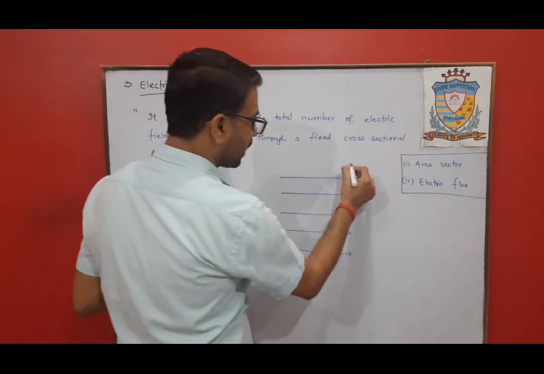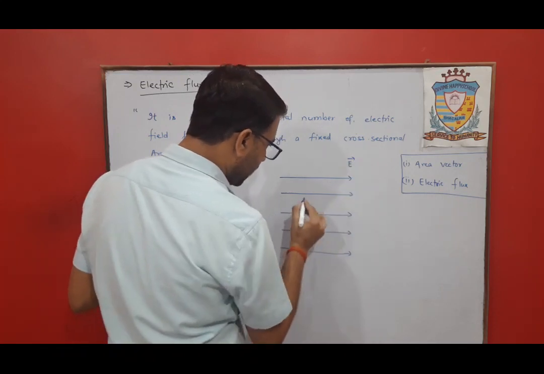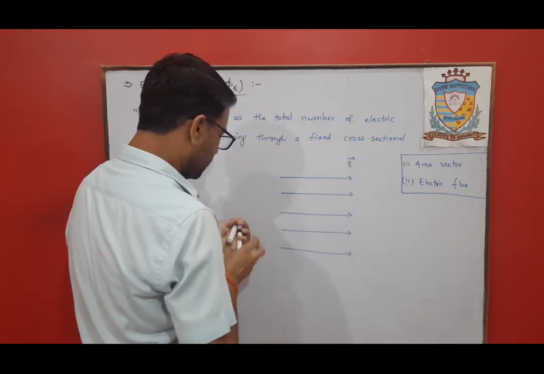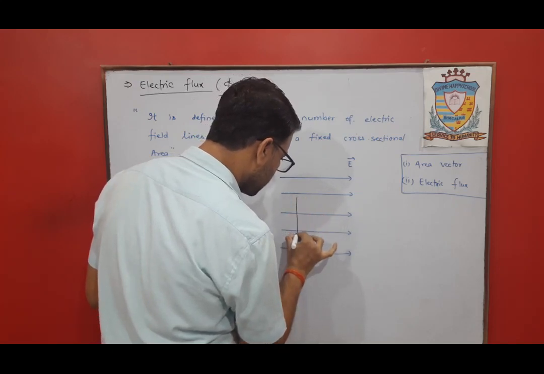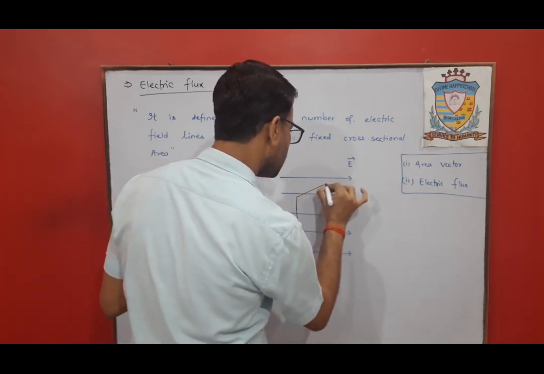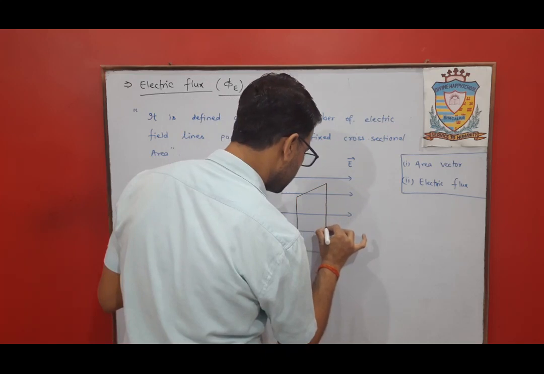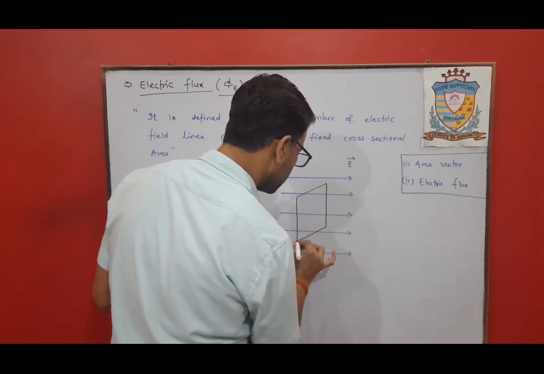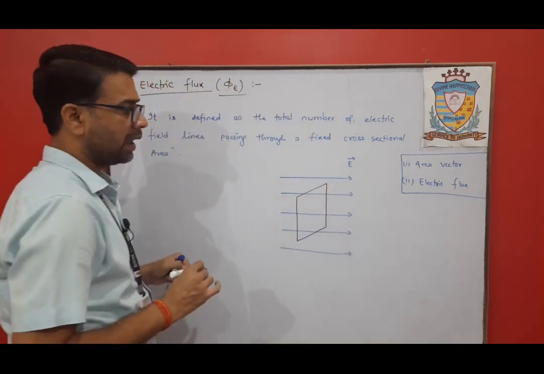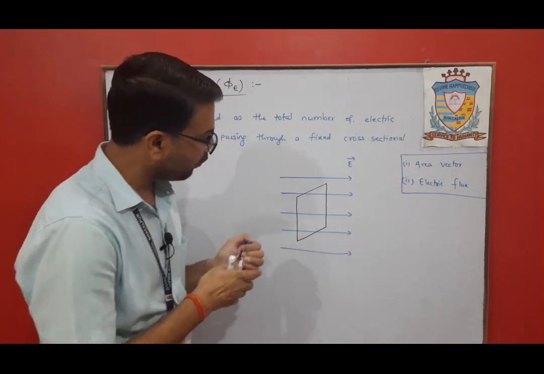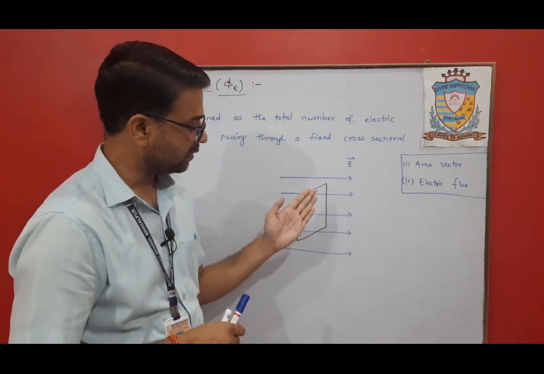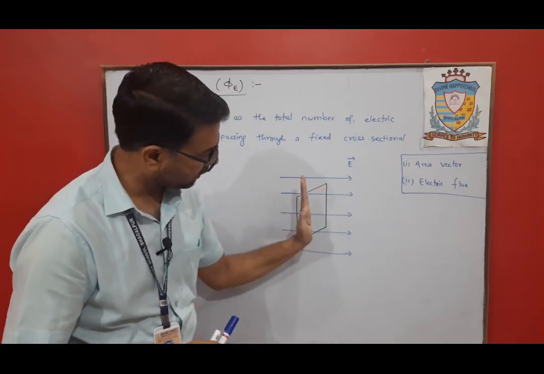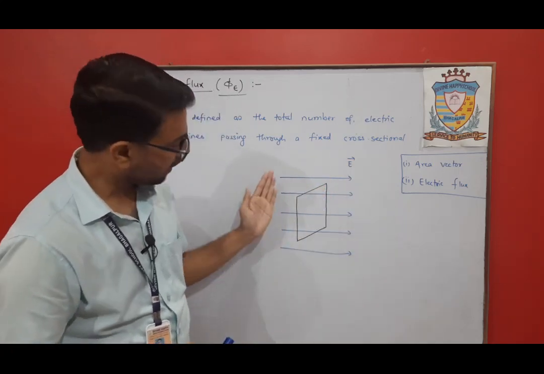Okay, suppose this is the direction of electric field lines, and if we have an area like this, the total number of electric field lines passing through this cross-sectional area is what we are considering.